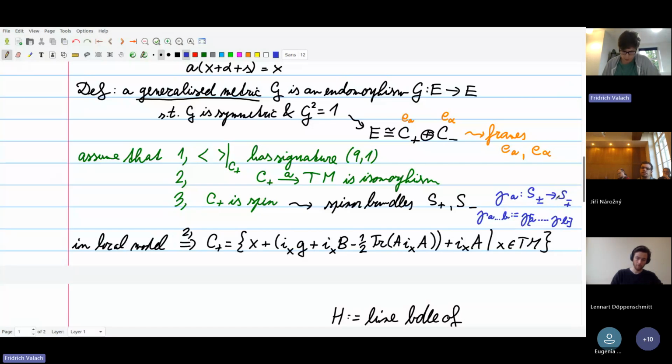And as one final thing, there is a natural pairing on the spinors. If you have a section lambda plus of S plus and a section lambda minus of S minus, then there is a natural pairing between them, which is denoted like this.